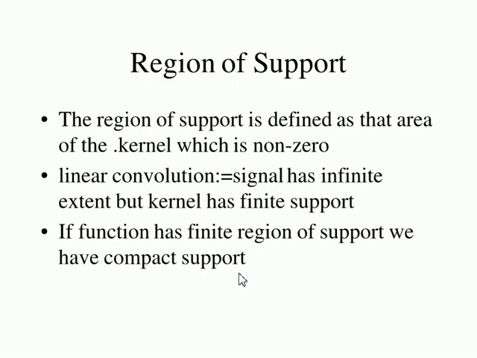So if you start with an interesting function like a two-dimensional Gaussian function, in order to turn that into a discrete image, you have to essentially resample that input function. And then you'll have a non-zero area inside of that window, and that'll be called the region of support.